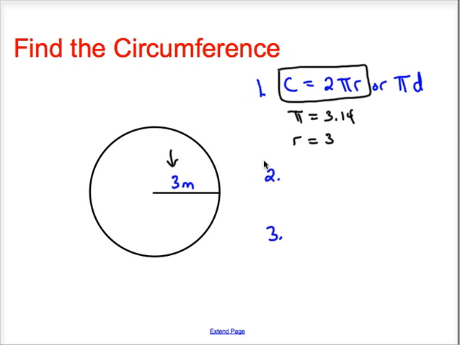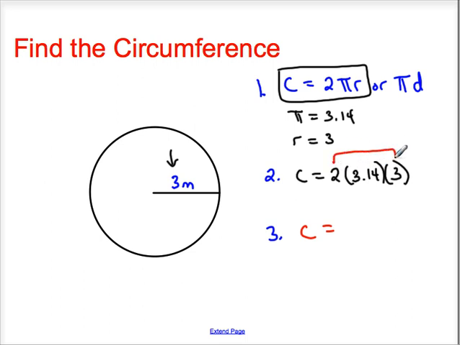Our next step, we're going to plug in for this formula. So we have C equals 2 times pi, which is 3.14, times my radius, 3. And our last step here, we're just going to multiply. C equals, it's multiplication, so according to the commutative property we can multiply 2 times 3.14.